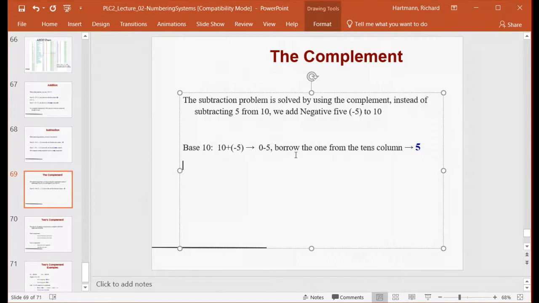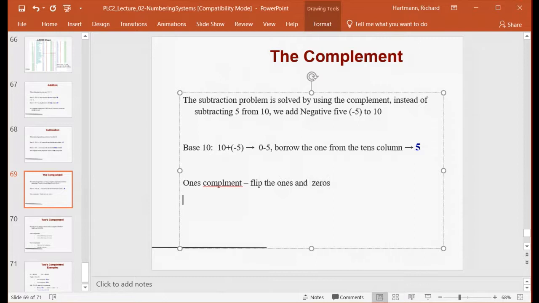do something called the ones complement. Now the ones complement means that you're going to flip the ones and zeros.